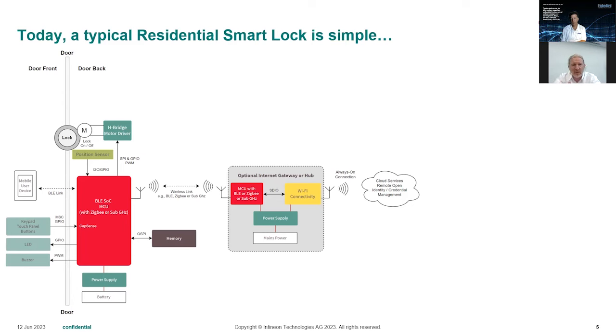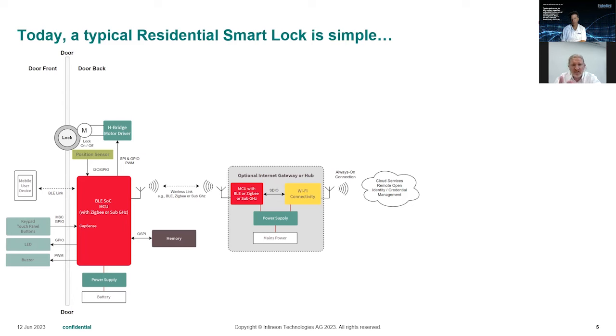It's in the home, and that typically here in the red, it's some form of low power MCU. In most cases, a connected MCU, and BLE is quite typical, because, as I said, the smartphone is the main digital key. Of course, it's battery powered, so there's that aspect too.